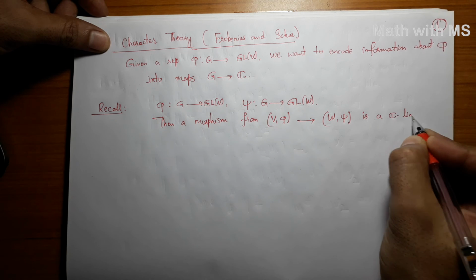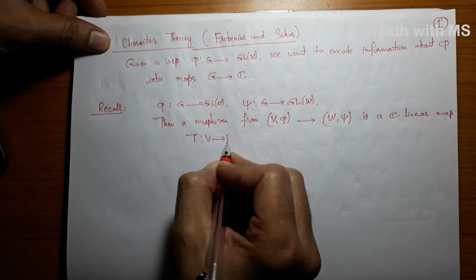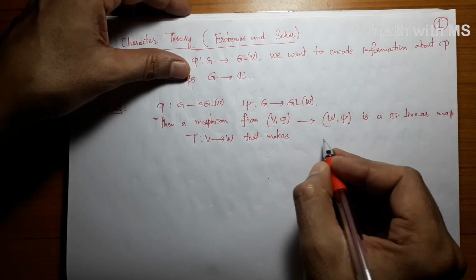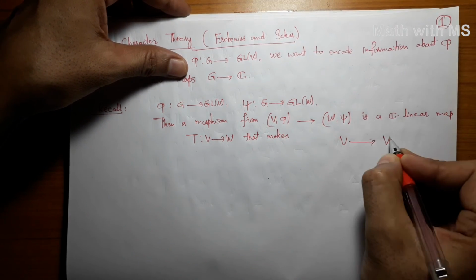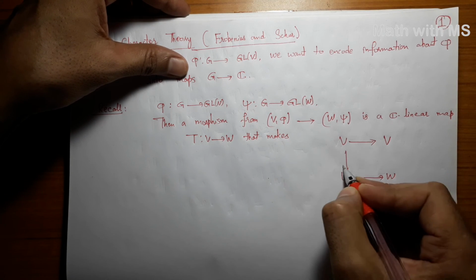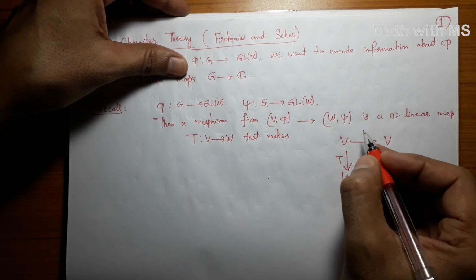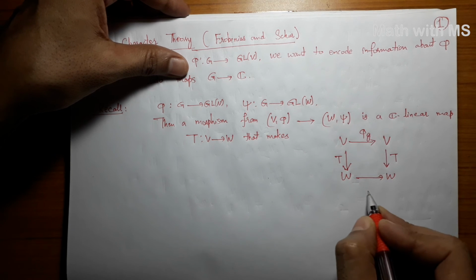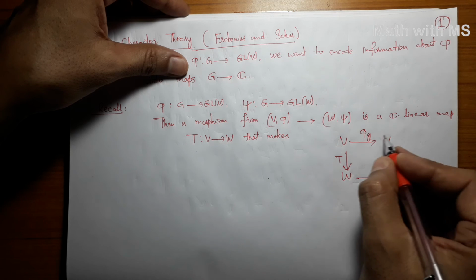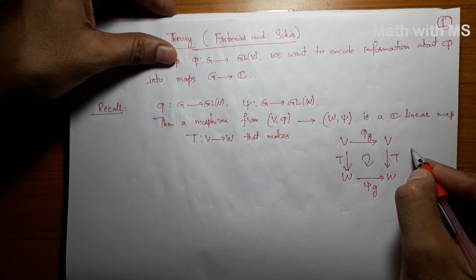linear map T from V to W that makes this square commute. So from V to V, W to W. You have this linear map, and for each group element you have phi(g), an invertible linear transformation, and here you have psi(g), such that this square commutes, whether you go this way or this way, for all g.